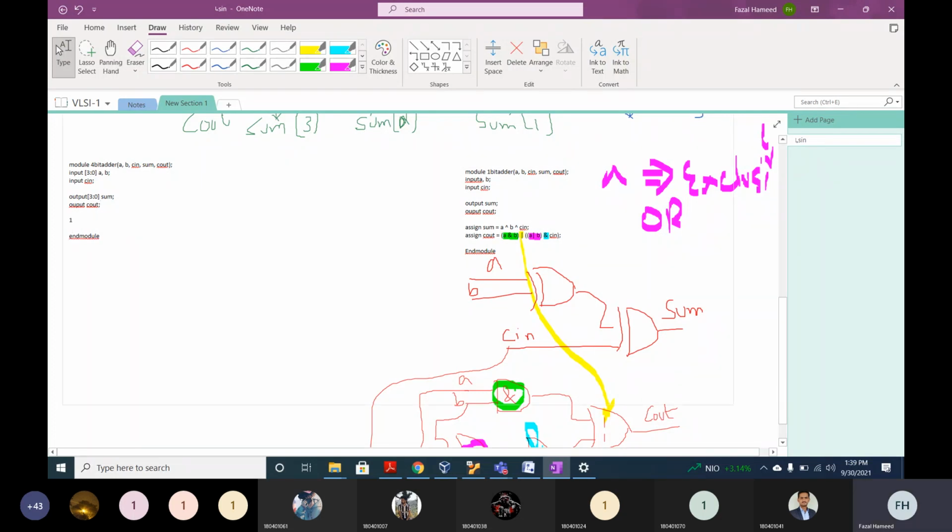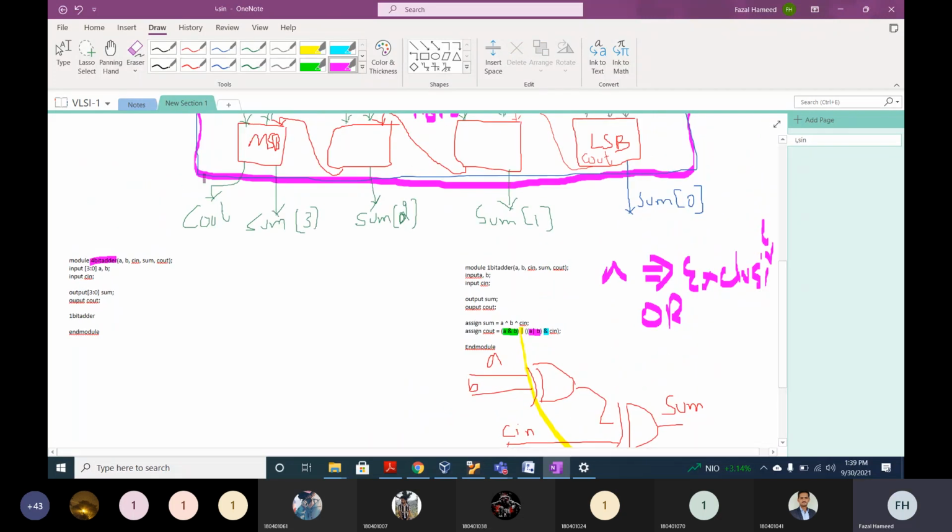So I'm instantiating this one bit adder, and I'm using it in this 4 bit adder. You can also give any name to this 1 bit adder. My add 0, okay, this is the name of the adder.